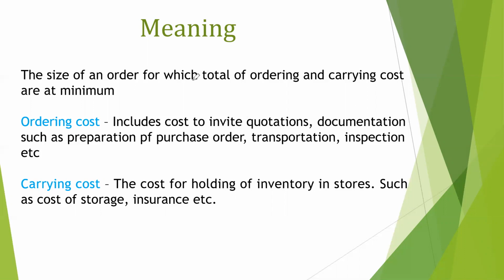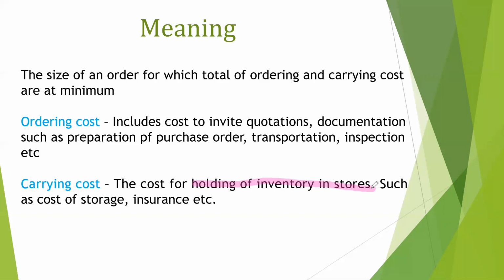In short, it includes all the costs that are incurred from the time the decision is made to procure a material to the actual delivery of that material to the warehouse of the business. Once we have received the goods, we have to store those goods. That is, we have to hold that inventory in stores.